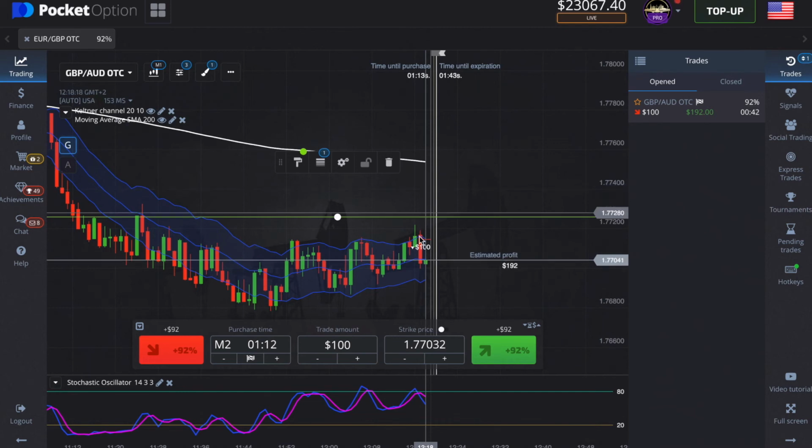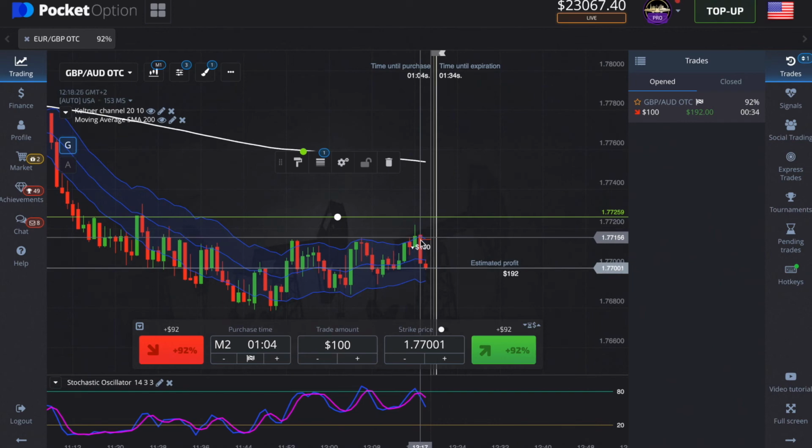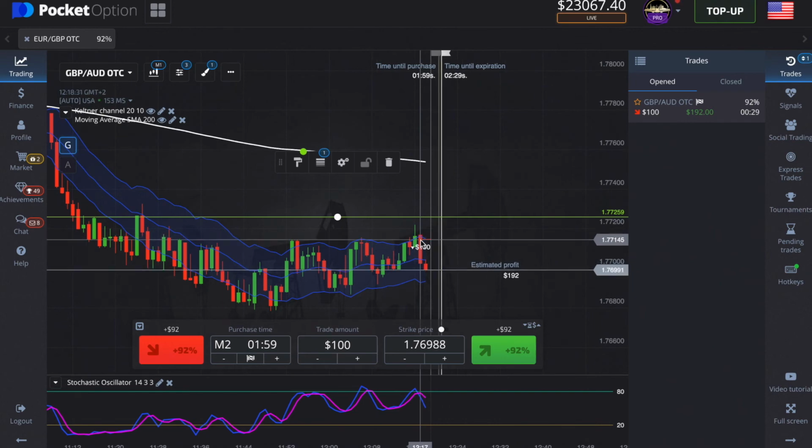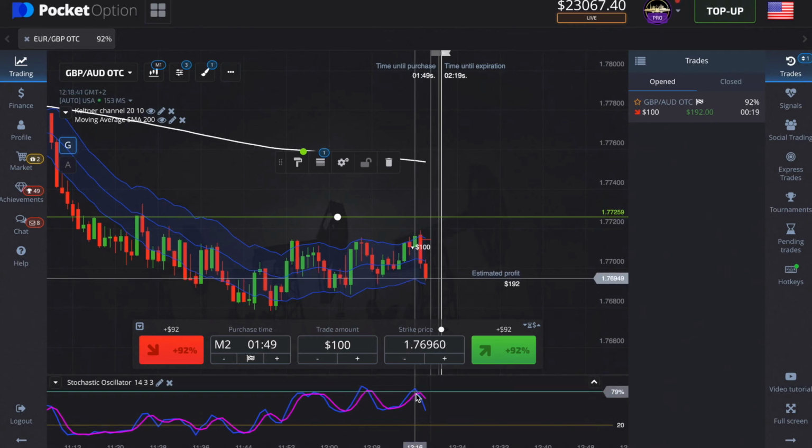As you could see, number two, I saw that the green candle went into overbought conditions. It's just so laggy, I can't even really keep up. Also, the stochastic oscillator was in overbought conditions.